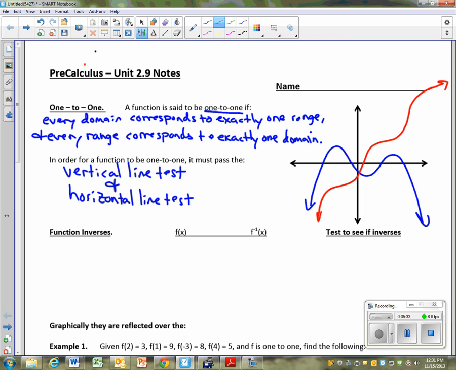So that one has curves to it, but it never fully dips back down, does it? Okay? And so that makes it a one-to-one function. So the first one is not one-to-one, second one is one-to-one. Now that we've got one-to-one out of the way, now we need to talk about something else.